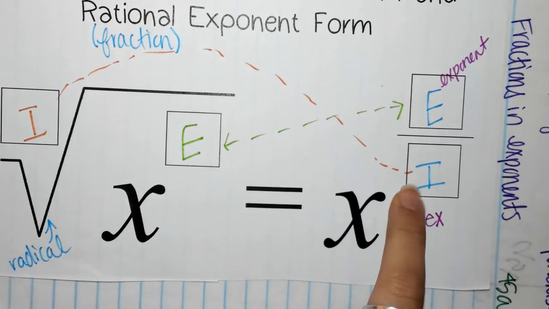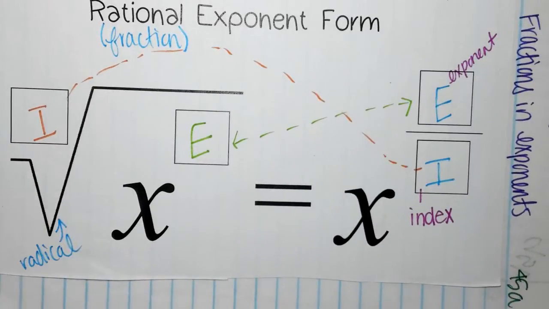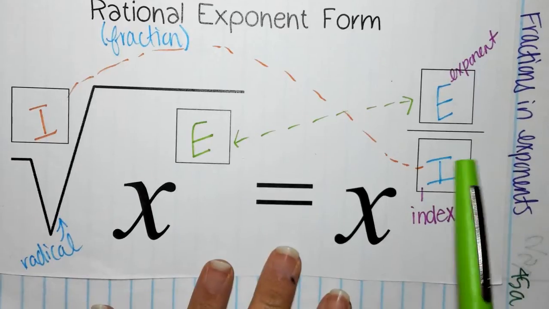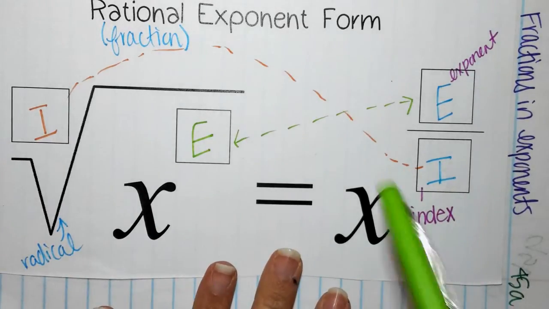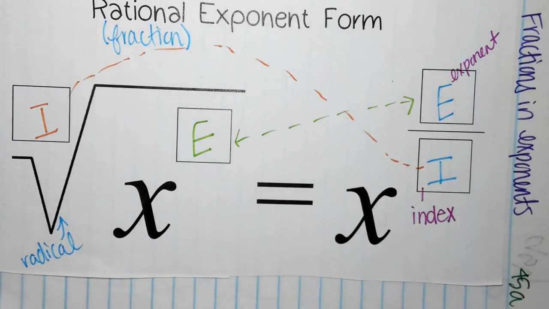Listen to what I said. I'm going from rational exponent form to radical form. A fraction. So is that going from right to left or left to right? Right to left. If I said I'm going from radical form to rational form, left to right. Does everybody understand?